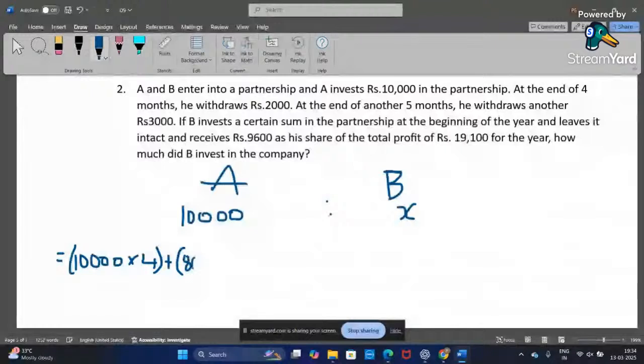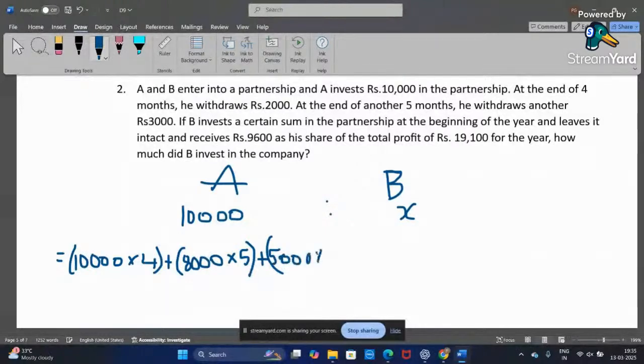So after taking 2,000, at the end of another 5 months, he kept 8,000 for 5 months and again he withdraws 3,000. So in 8,000, if he withdraws 3,000, it is 5,000.